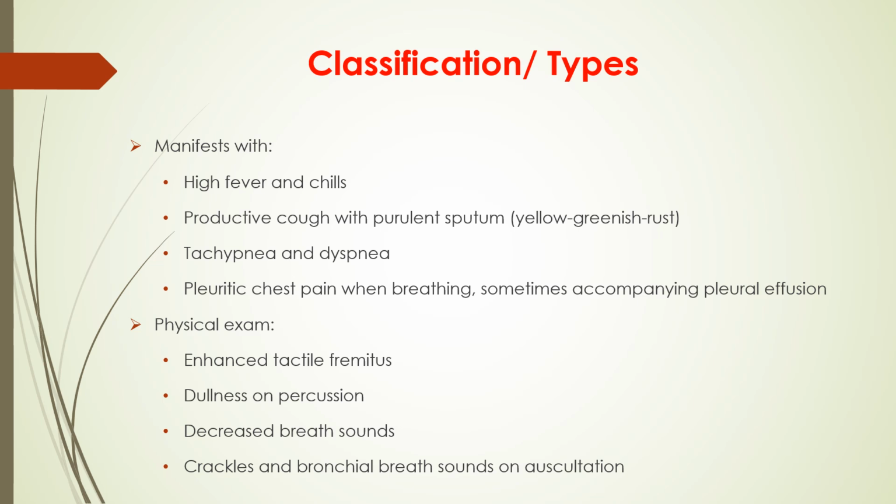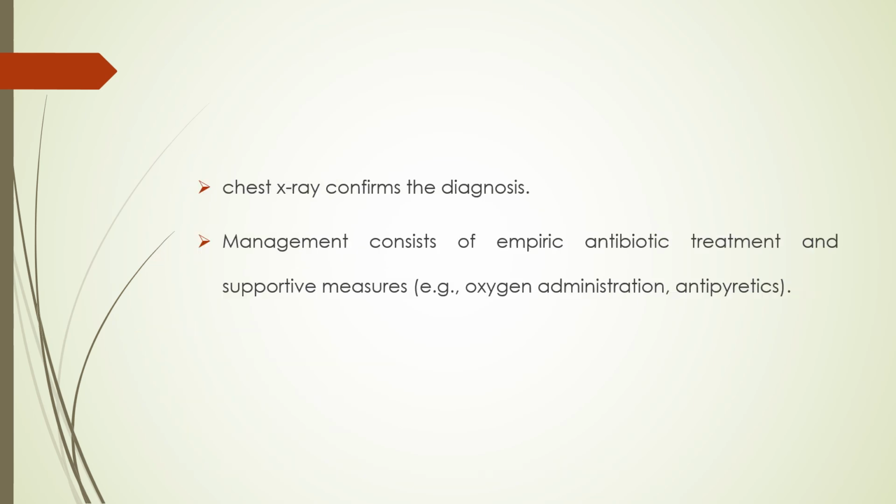At the physical exam, we have what we call the consolidation syndrome, with an increase of tactile fremitus, a dullness on percussion, a decrease of breath sounds, and some crackles or bronchial breath sound on the auscultation.